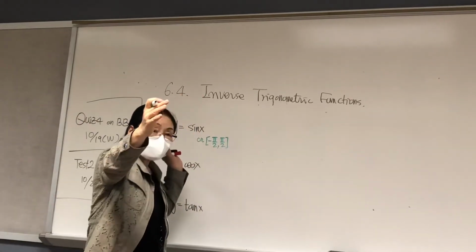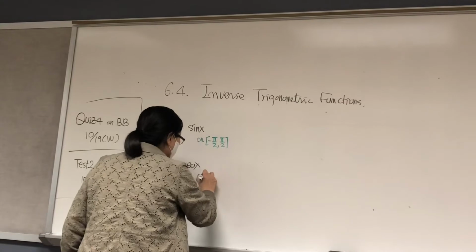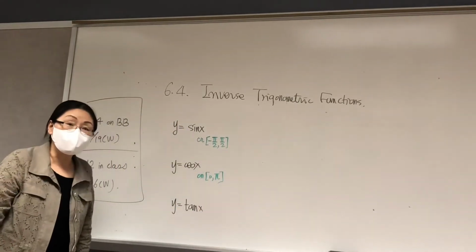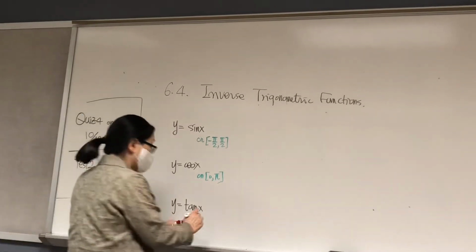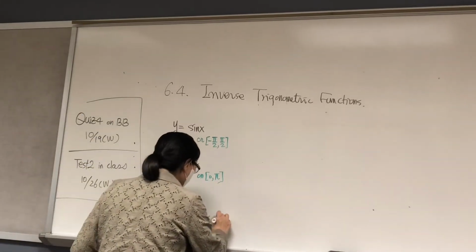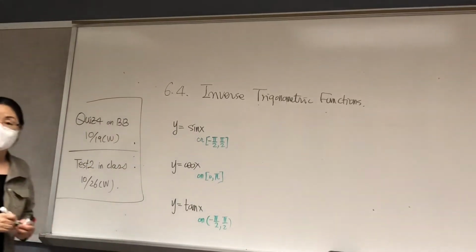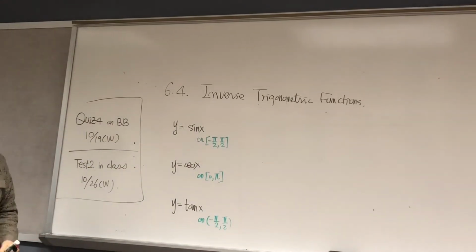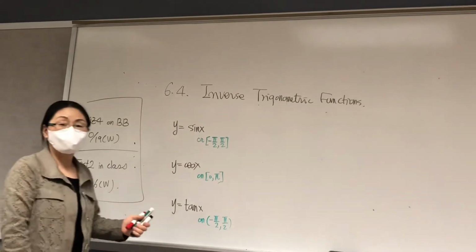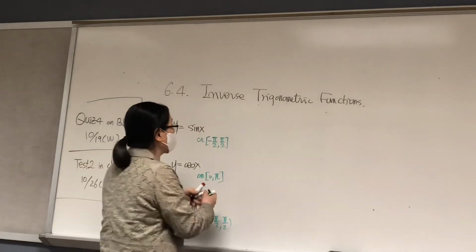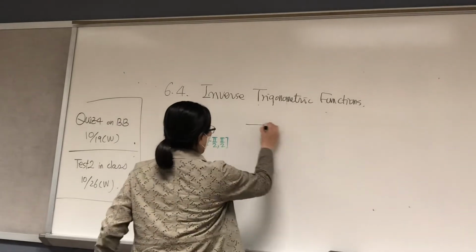Whole cosine is not one-to-one, but if we choose this interval, then this is one-to-one. Same for tangent. On this interval, everything is one-to-one. So you can think about the inverse function.